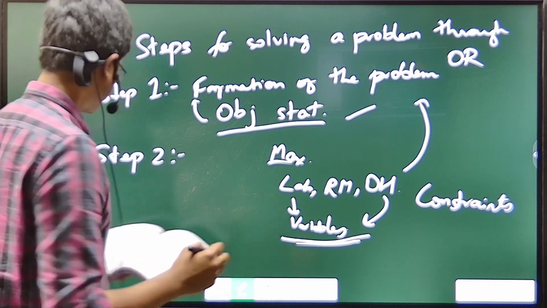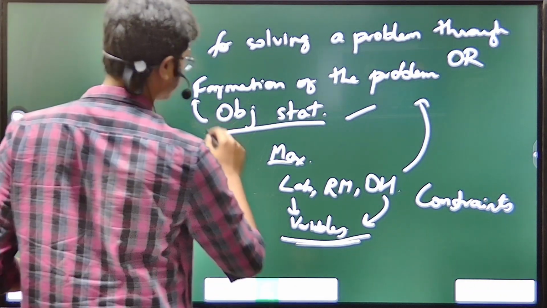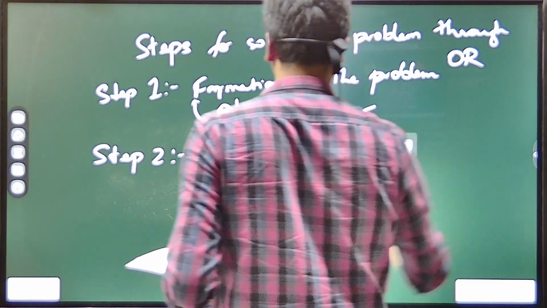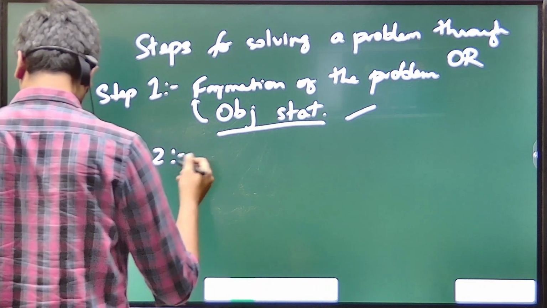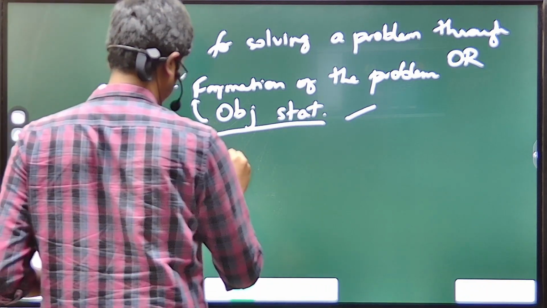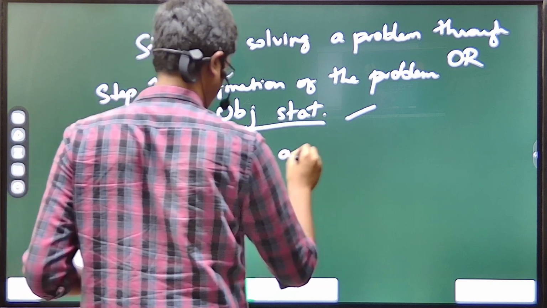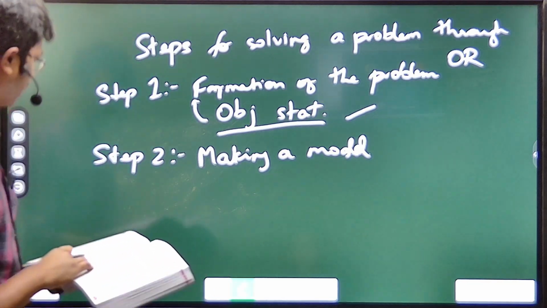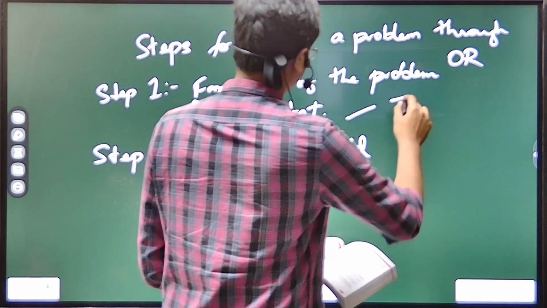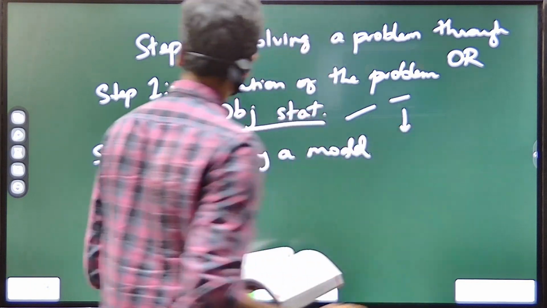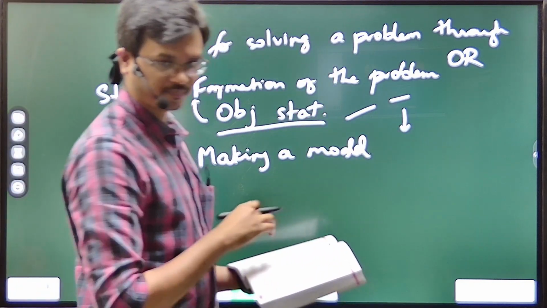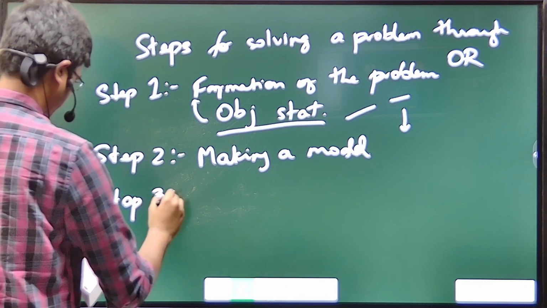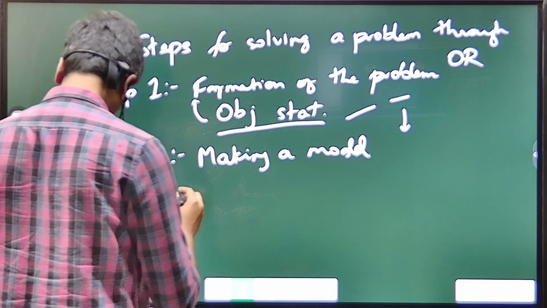And step 2 is making a model. Using these variables, we have to make a model so that we can arrive at the solution of the problem. Step 3 will be solution of the problem.